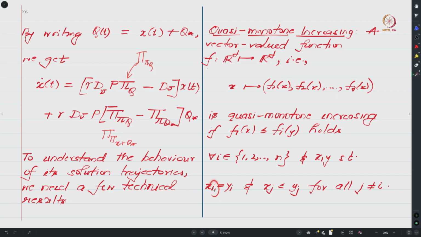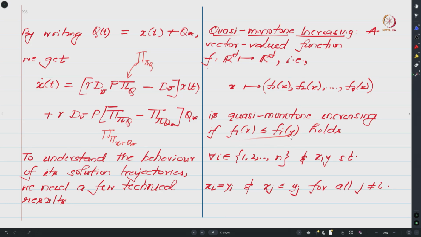Now for all i where xi equals yi, we require that fi of x, that is the ith coordinate of the output when the input is x, should be less than the ith coordinate of the output when the input is y.